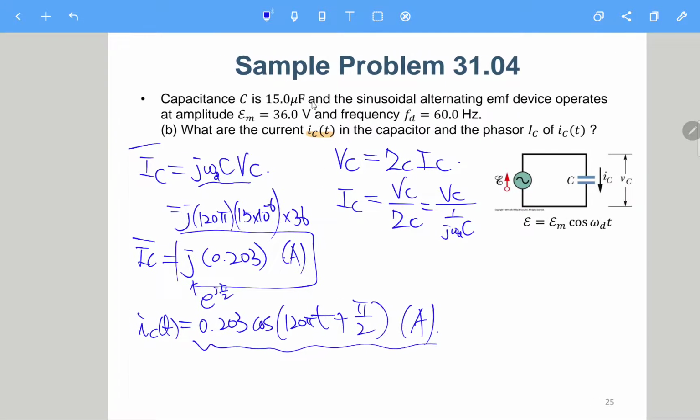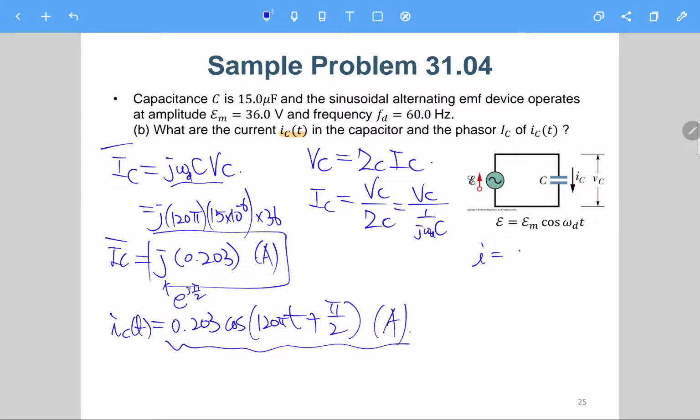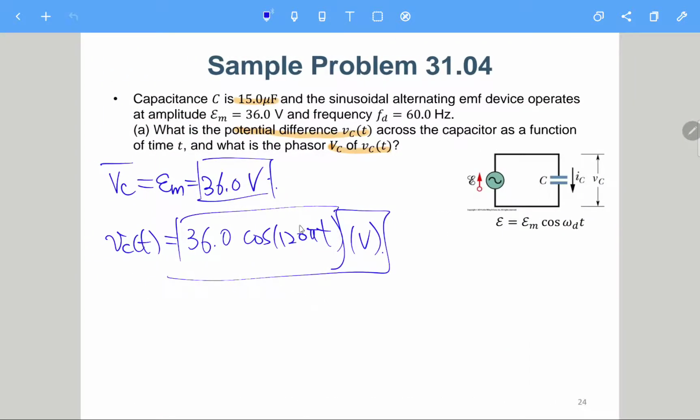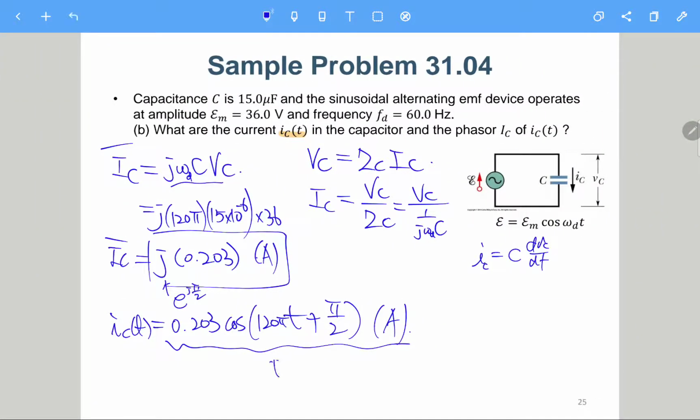Of course, you can actually use I_C equals C dV_C/dt and plug in this function, and finally you will still get this one. But actually, we can just make use of the phasor so that we can simplify our calculation. For this one, you may not feel it is very simple, but if we have a more complicated circuit, then making use of a phasor will be easier.